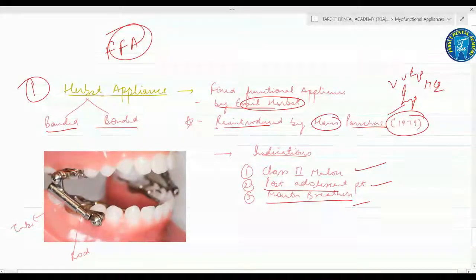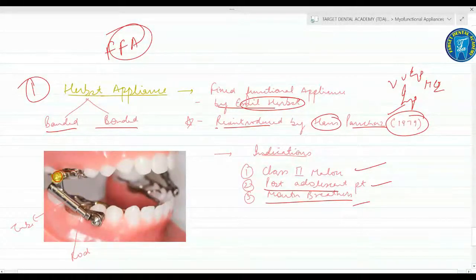So this is an appliance which is compared to an artificial joint between the maxillary and the mandibular arch. The artificial joint. Fine. So in this, there is a bilateral telescopic mechanism that keeps the mandible mechanically in a continuous anterior position.